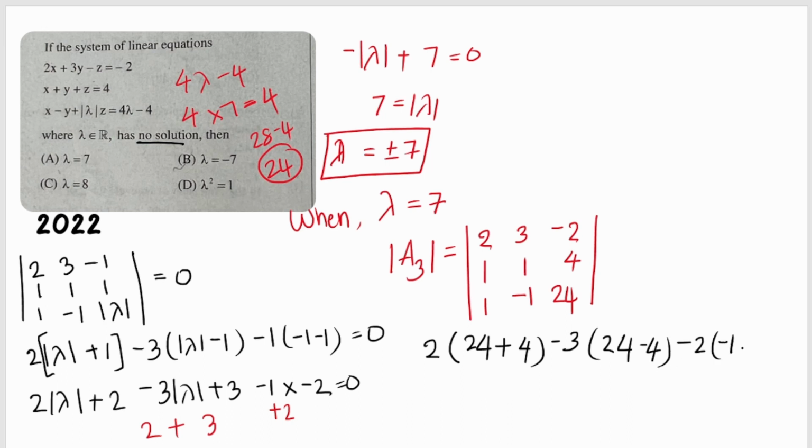That is minus 1. Minus 1. So 2 into 24 plus 4 is 28. Then you have minus 3 into 24 minus 4 is 20. Then 2 into minus 2.